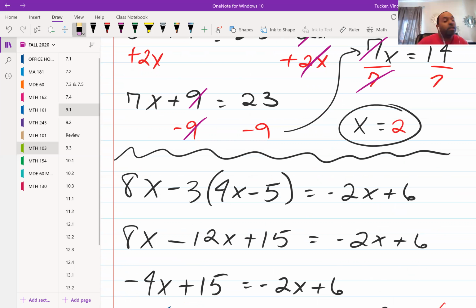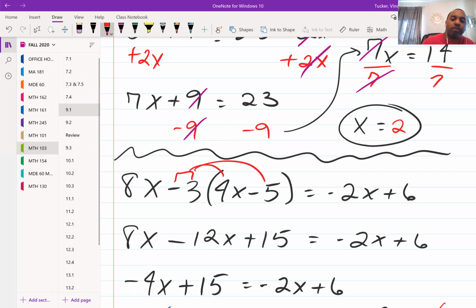8x minus 3 times the quantity of 4x minus 5 equal to negative 2x plus 6. First thing we want to do is remove those parentheses because we need access to this x term.